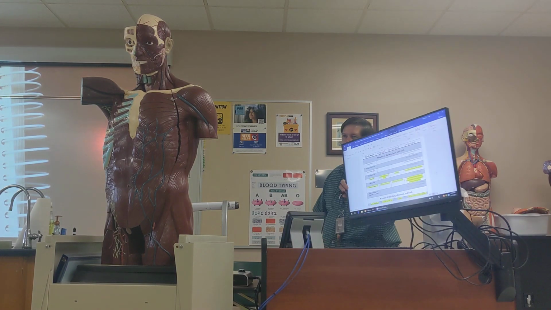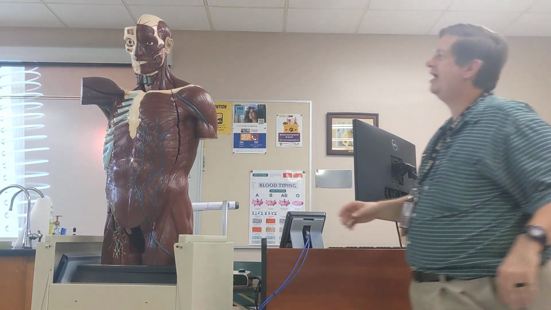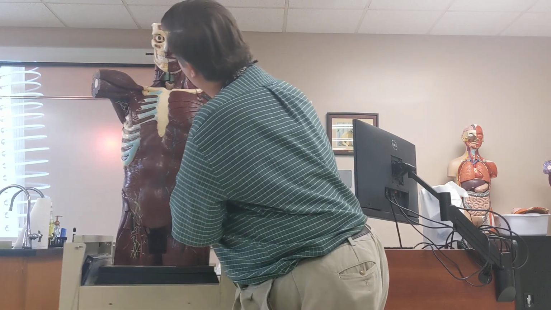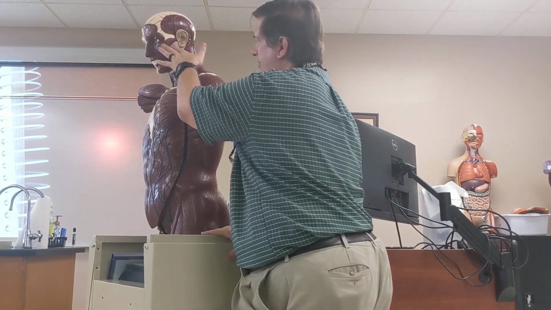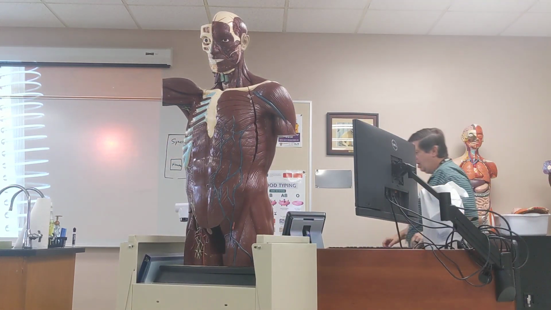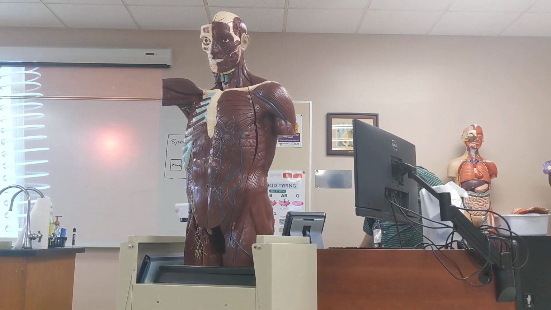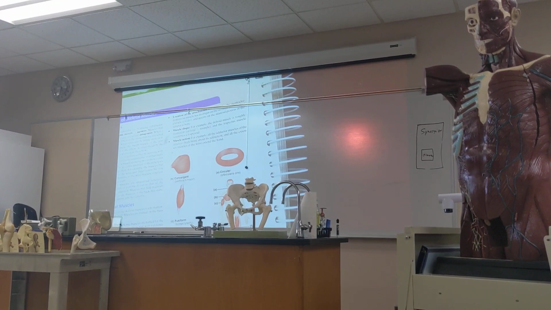I'm going to pull up a picture for you, but this one is cut away, so I can't show you. I'll pull up the picture. On our list is the masseter, and the one underneath it is the buccinator.